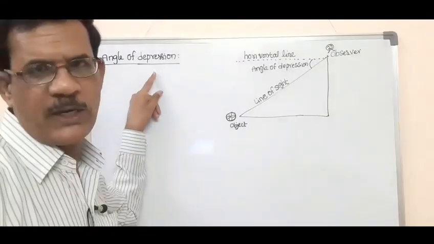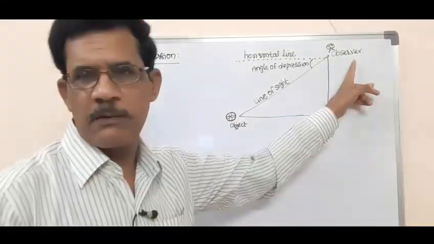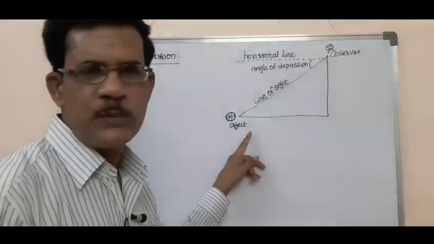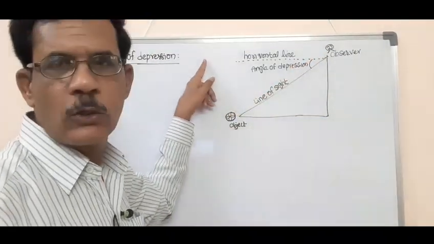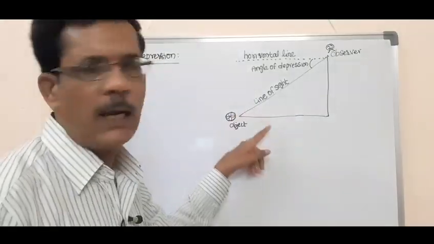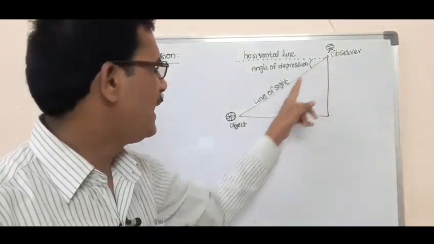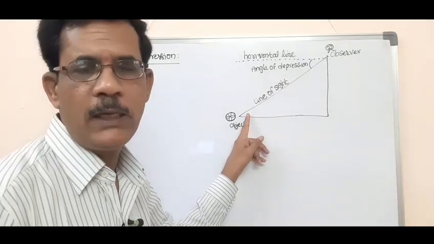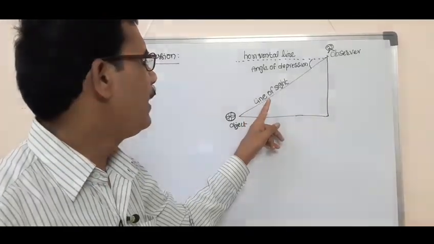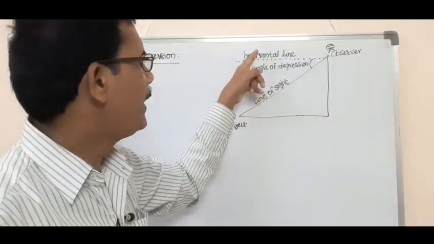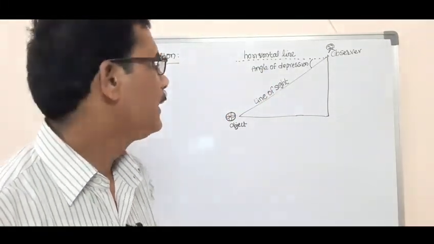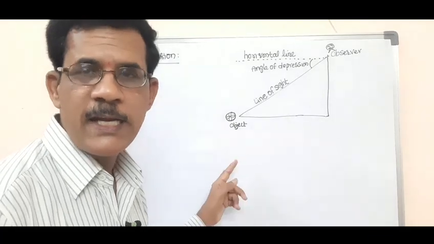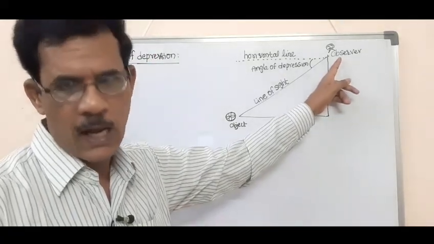Now angle of depression. Here observer is in first floor and the object ball is in the ground floor. So one imaginary line is passing through observer's eye parallel to ground, and one more imaginary line is passing through observer's eye to object. So this is called line of sight. So angle between horizontal line and line of sight is called angle of depression. Here object's height is lower than the observer's height.